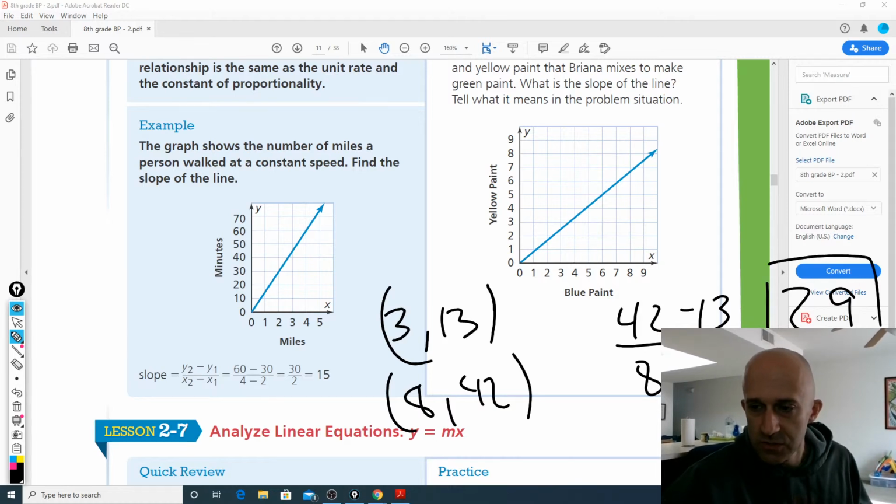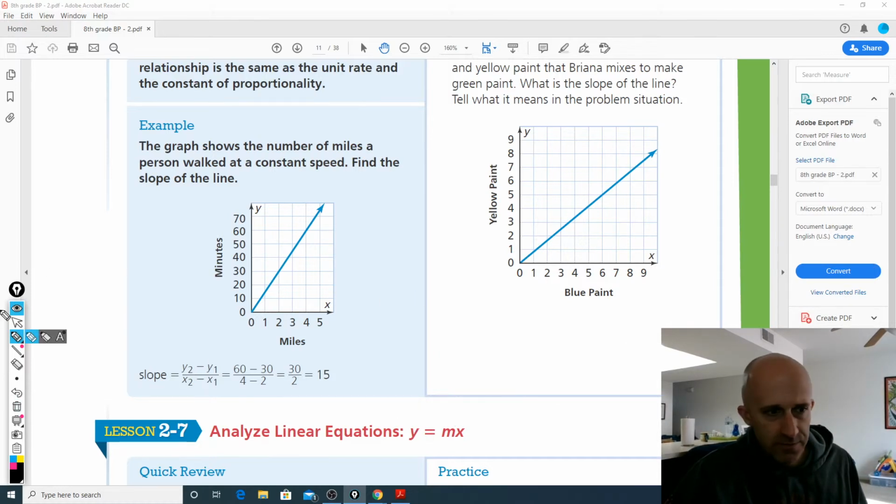Well, your slope is 29 over 5. Okay, it just works the same way. That's finding slope right there.